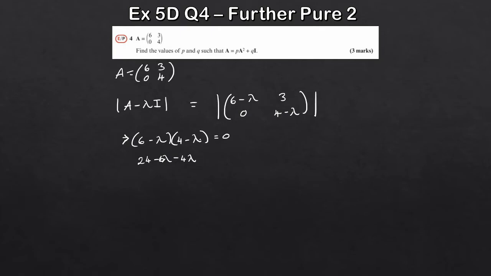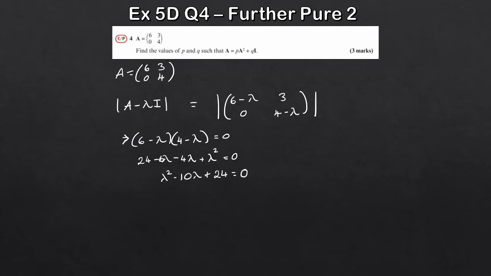And then minus lambda times minus lambda will be lambda squared. And that's all equal to 0. So we can simplify this now. So lambda squared minus 6 lambda minus another 4 lambda, so that's minus 10 lambda plus 24 is equal to 0. Okay. So that's our characteristic equation.